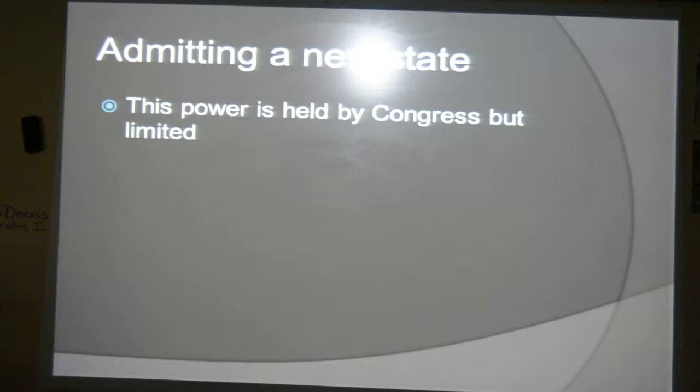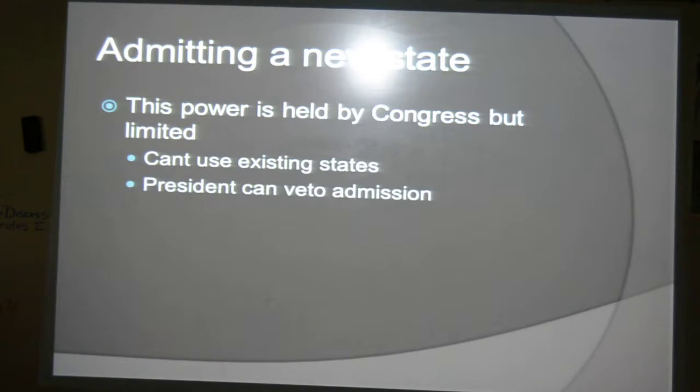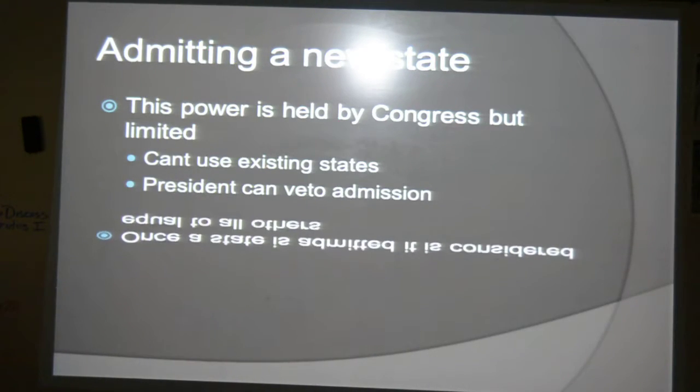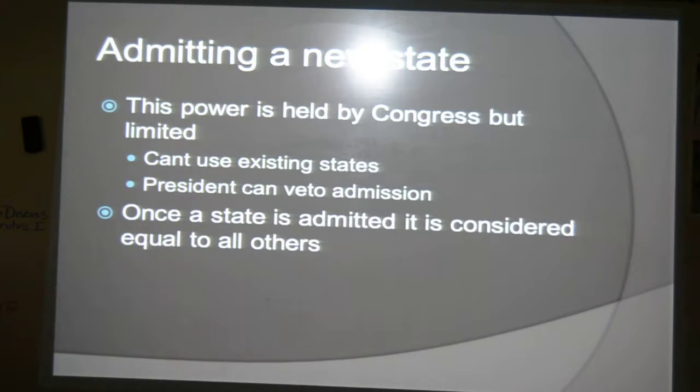Again, this is all part of that concept of federalism and limited government. So again, they can't use existing states. The president can veto their admission. And once the state is admitted, it's equal to all the others.